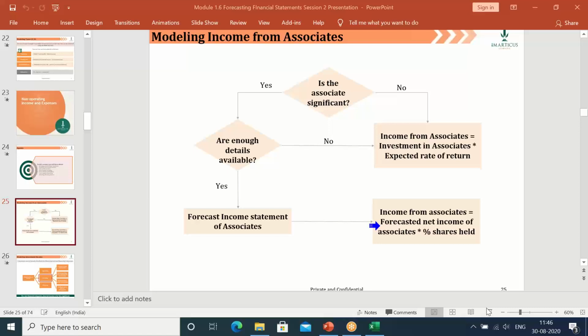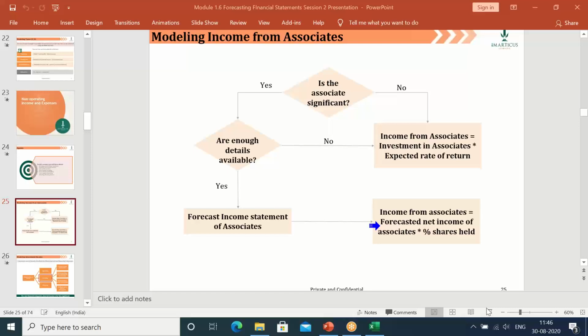So just a side question: if the company says it is not issuing any dividends, it just has a profit after tax, can you use company B's share price to add in your P&L or balance sheet? No, I will not add the share price.